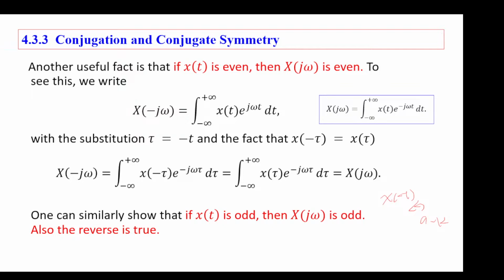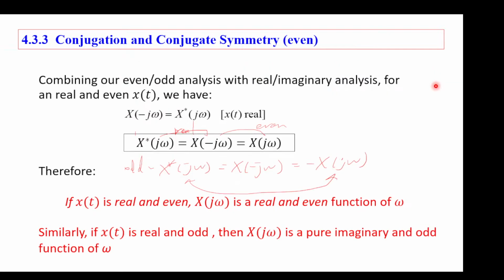We have that x of minus t has Fourier transform pair big X of minus j omega. That means the even-odd property of small x will be sent to the even-odd property of big X. And then, just like in the periodic case, we can string together even-odd analysis with the real-imaginary analysis.